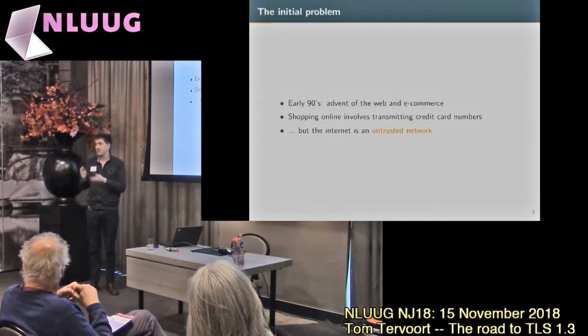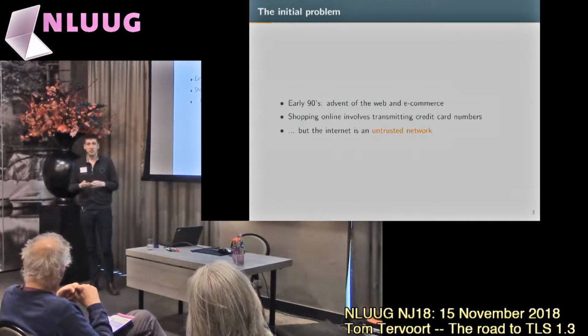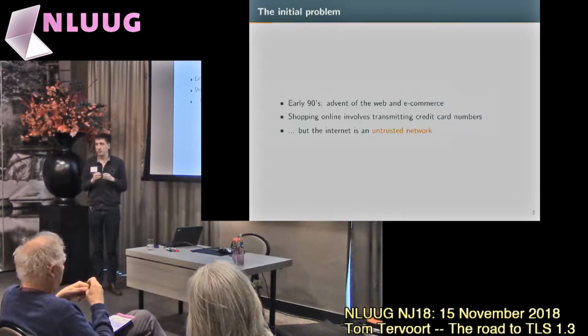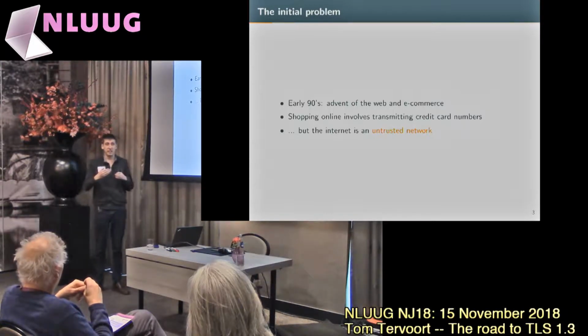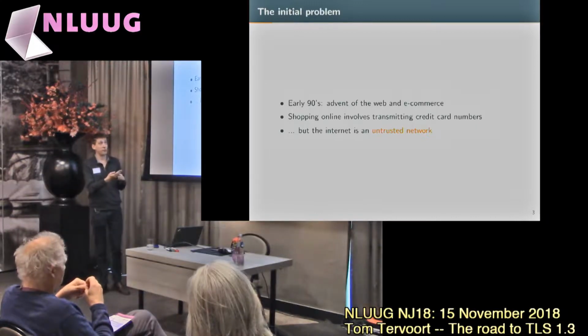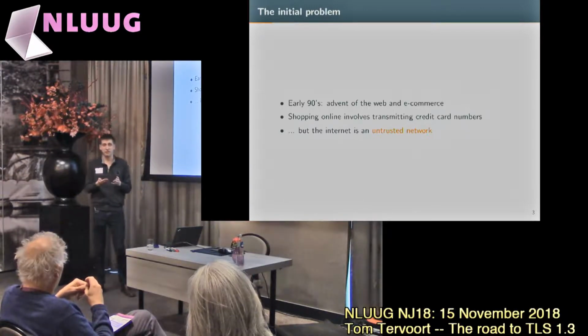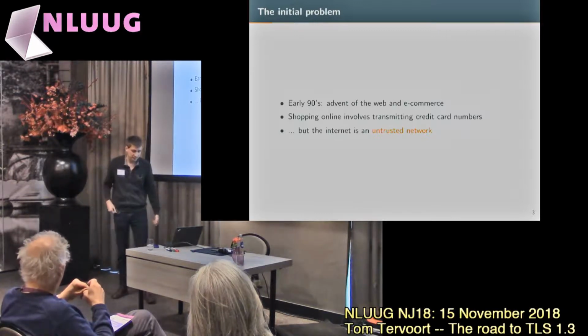And there were also some legislative issues with that as well. So early in the 90s, people started saying, we need to do something about this problem. How can we do secure shopping online? And of course, there are also a lot of other applications that could benefit from transmitting sensitive information over the internet.